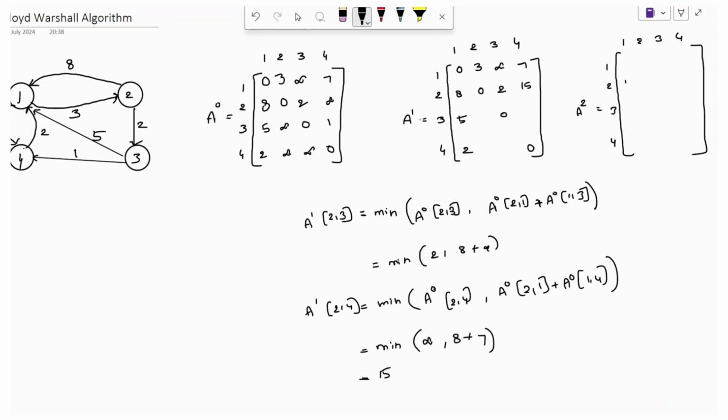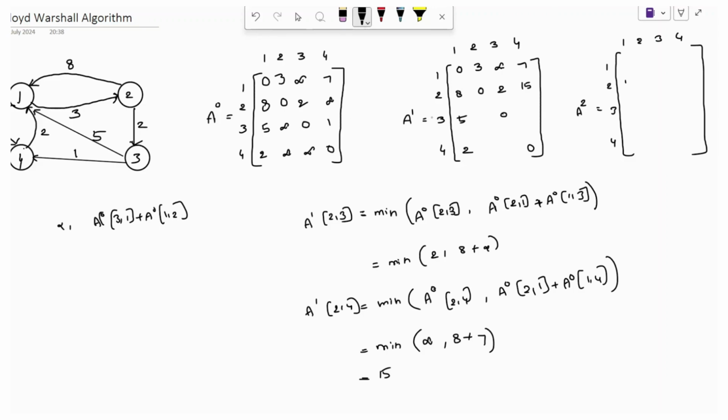Next we will see A1 of 3, 2. A1 of 3, 2 will be minimum of A0 of 3, 2 is infinity, and then A0 of 3, 1 plus A0 of 1, 2.